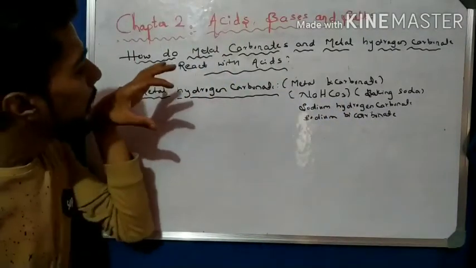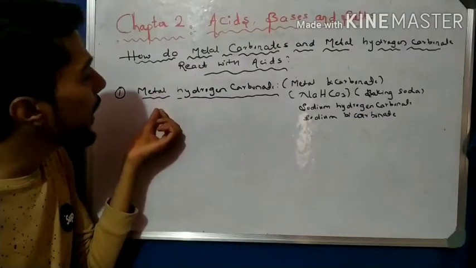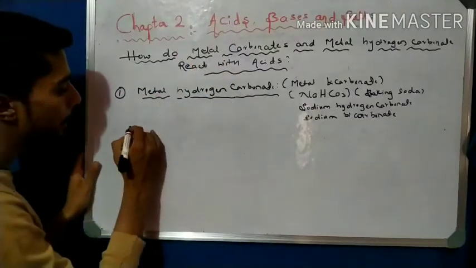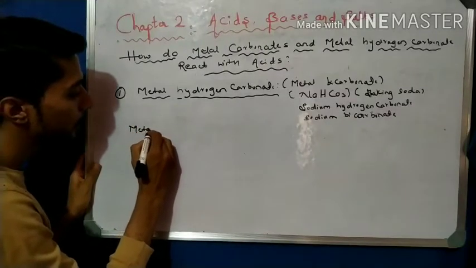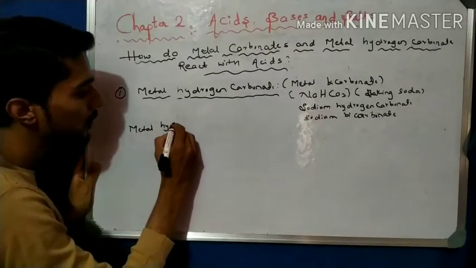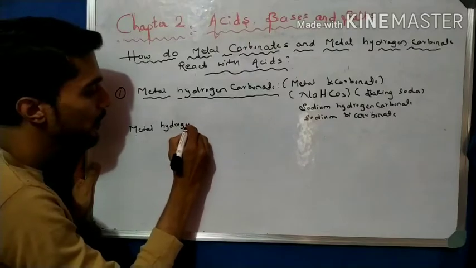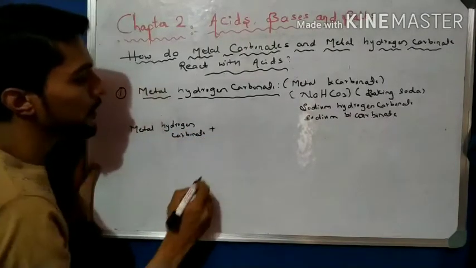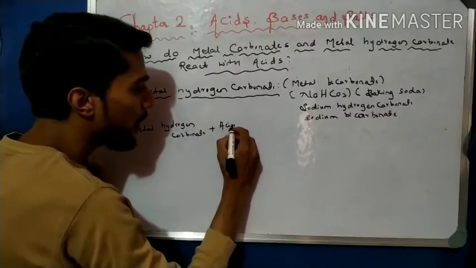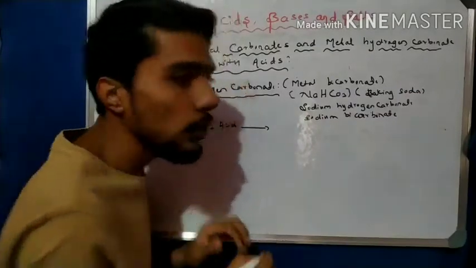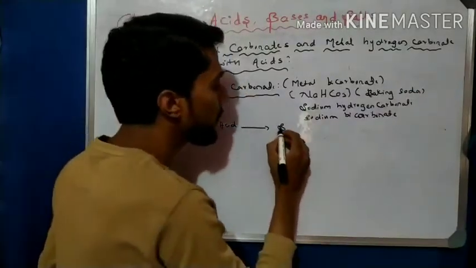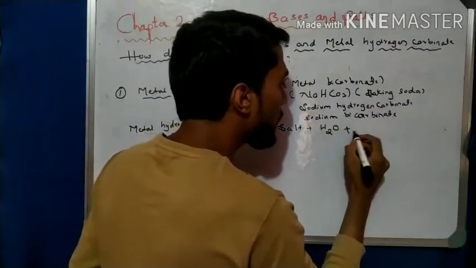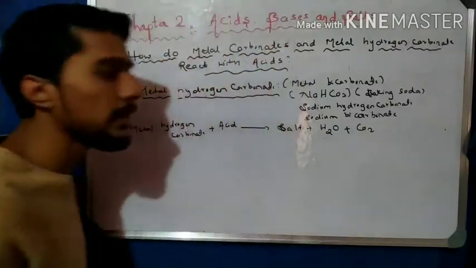Now see what happens if I take acid plus hydrogen carbonate. In general I write: metal hydrogen carbonate plus acid. There is no change in the reaction. Same method: salt is formed plus water plus carbon dioxide gas.